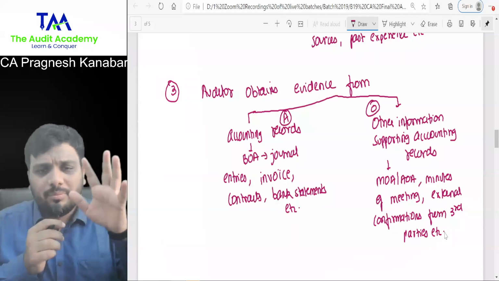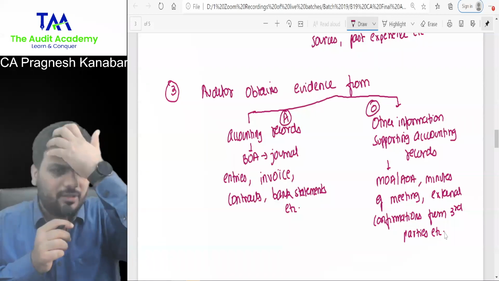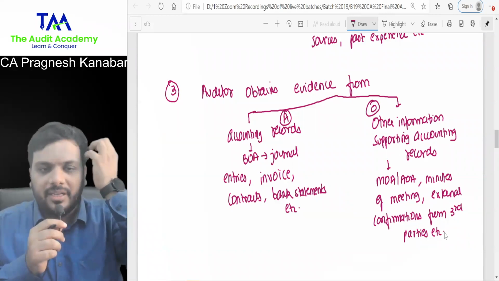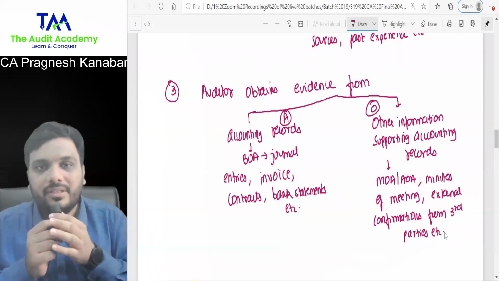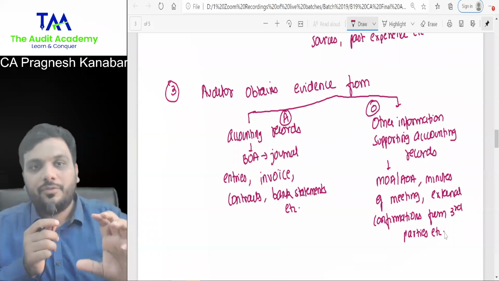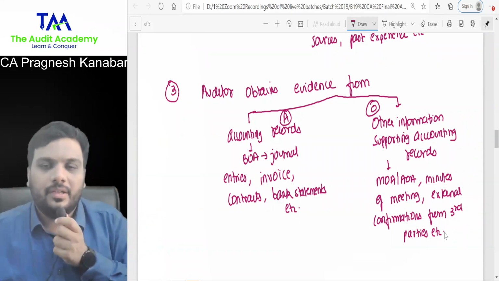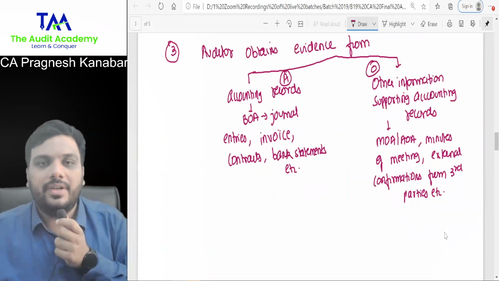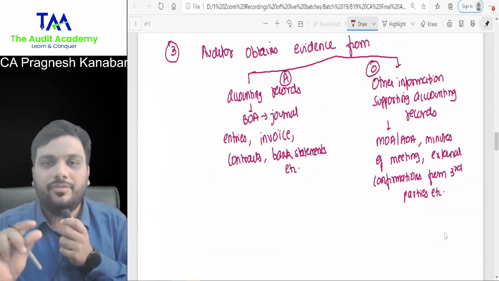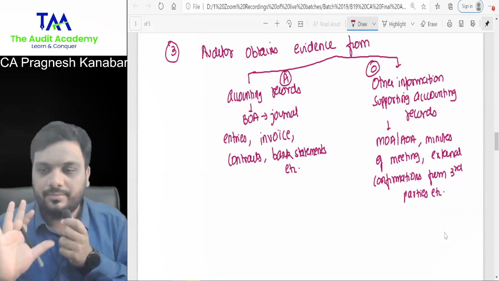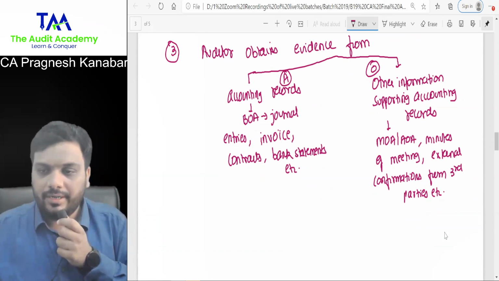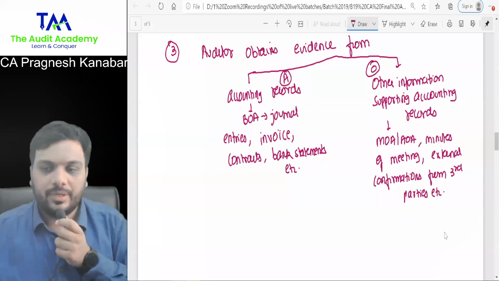I just want your base to be very clear. Otherwise, it creates a lot of problems. So at final CA, many professors assume that students are aware about these things, and that is where the first few lectures itself go wrong. Okay. So auditor obtains evidence from accounting records and other information supporting accounting records. I hope you are writing the examples and we are through with this particular point.